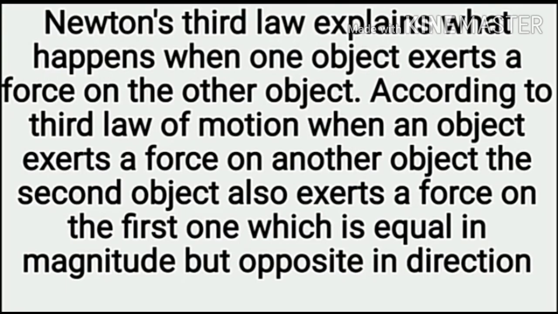According to the third law of motion, when an object exerts a force on another object, the second object also exerts a force on the first one, which is equal in magnitude but opposite in direction. That is what I have told you.